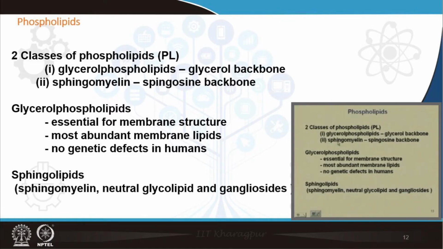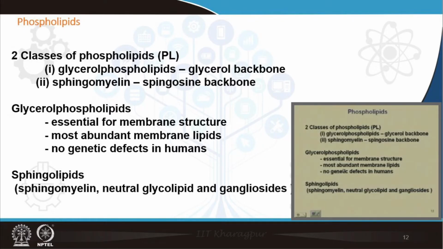We have sphingomyelin that forms from a sphingosine backbone, and in this case, this actually forms a lot of the membrane. Each of these will form a lot of the membrane, and these phospholipids are usually referred to as PL.